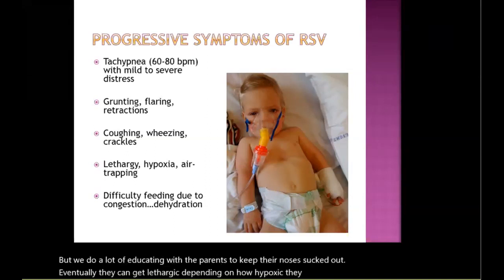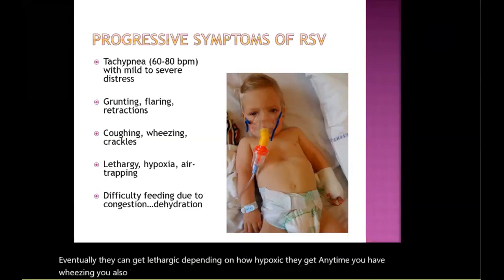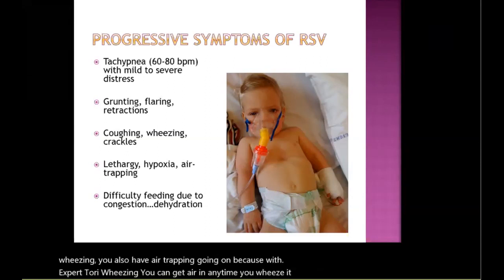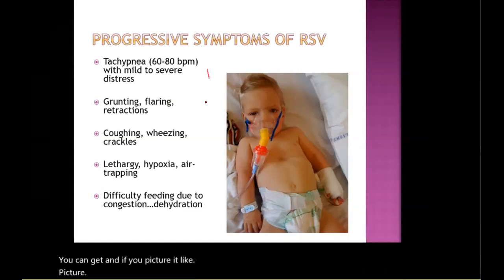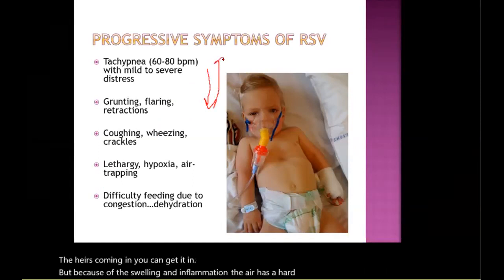Anytime you have wheezing, you also have air trapping going on, because with expiratory wheezing, you can get air in. Anytime you wheeze, it tends to be expiratory, okay? If you picture the air coming in, you can get it in, but because of the swelling and the inflammation, the air has a hard time getting out.